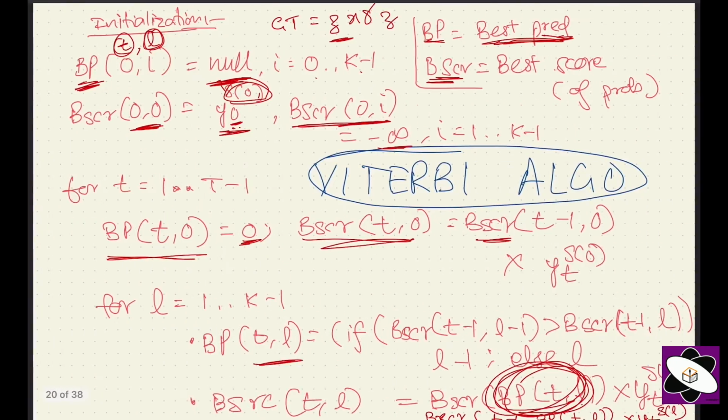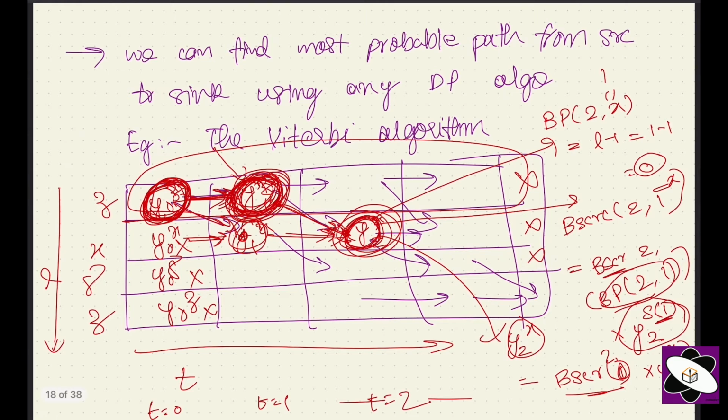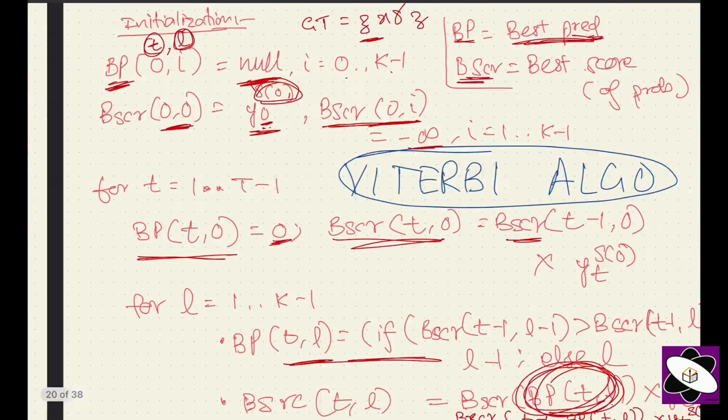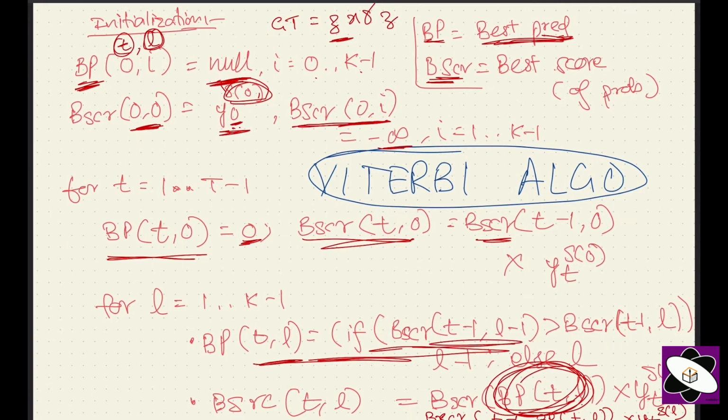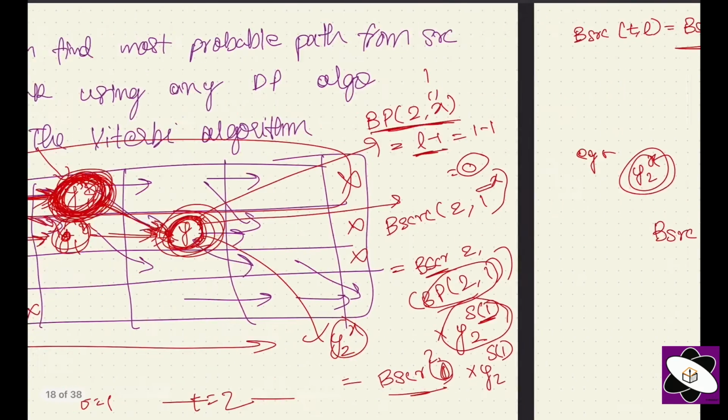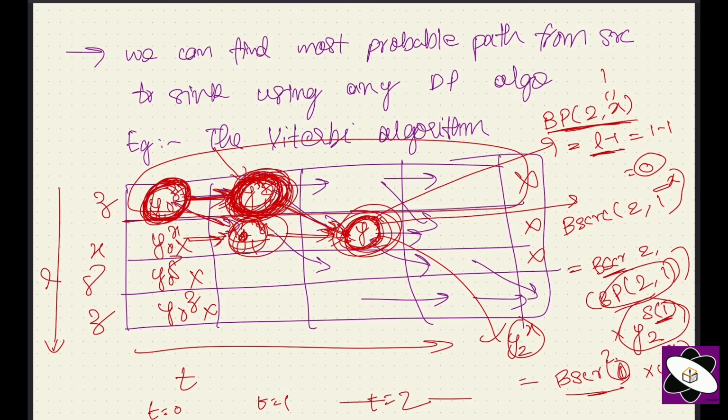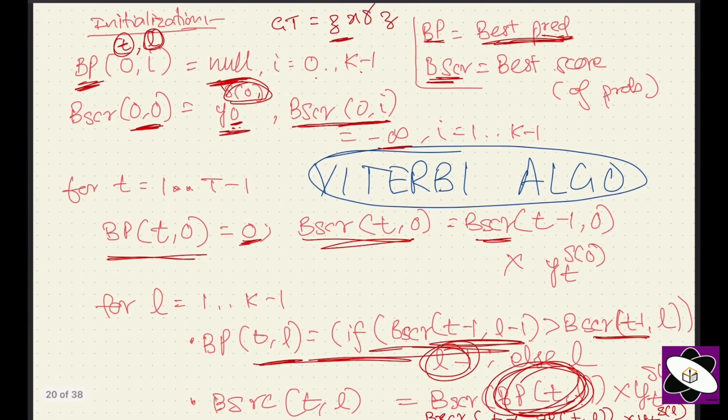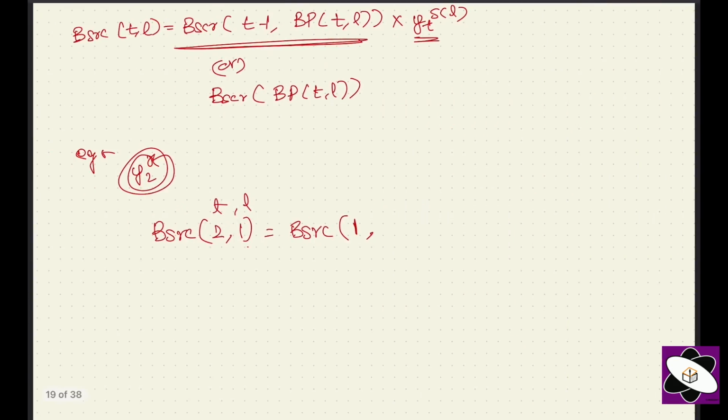Bp of t comma l is here, that we have for example found to be this one, that is nothing but l minus 1. As I have shown you, bp of 2 comma 1 is nothing but l minus 1. Suppose this is the highest in this calculation, higher than this thing, so we will get this only, because here l minus 1, and l for this example is 1, so l minus 1 will be 0.